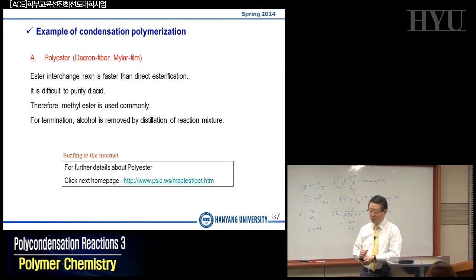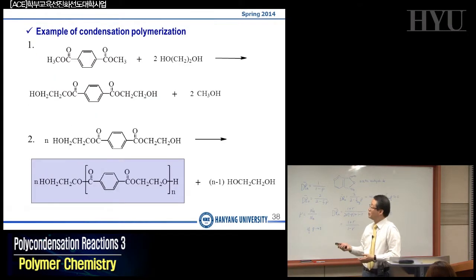So it will be much easier to remove this methanol as a byproduct rather than water, because methanol has a low boiling point. And in that case, you have to remove the methanol, because you wanted to obtain the product, which in this case is the diester. You wanted to obtain this polyester by removing this ethylene glycol in the second stage.